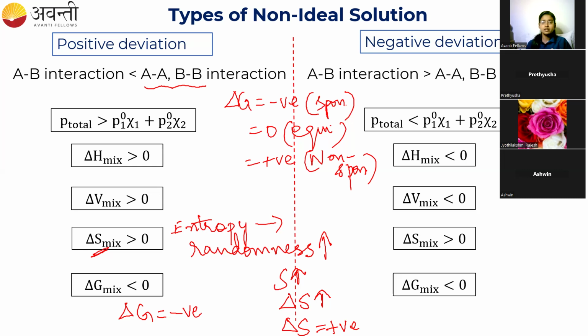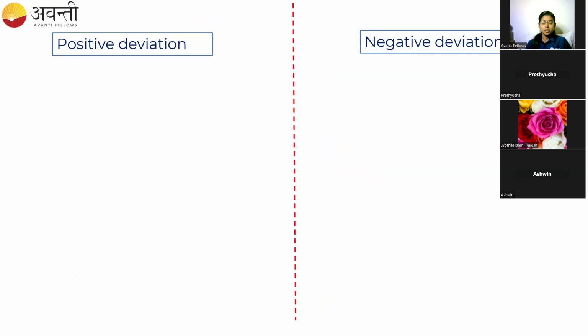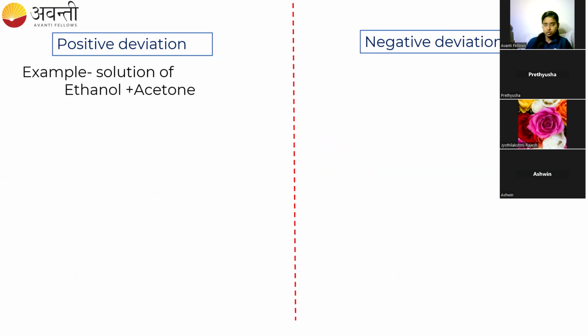Okay, let's proceed. Coming to the next point under positive deviation, the examples. The examples under positive deviation are the solution of ethanol and acetone. In ideal solutions, we have seen three pairs as examples, and here under non-ideal solutions we have two different sets, for positive and for negative.